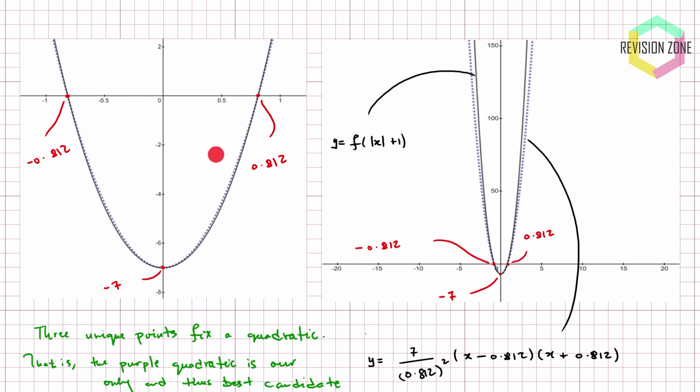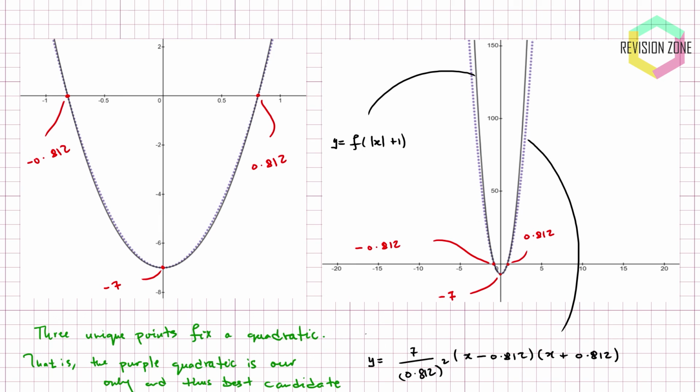If we take a closer look, we see that the exact location where the black curve crosses the x-axis is the exact same location as where the purple curve crosses the x-axis, and the same in that case. And indeed, the same is true for the crossing on the y-axis. So in other words, the purple quadratic has the exact same x and y intercepts as the black curve here.